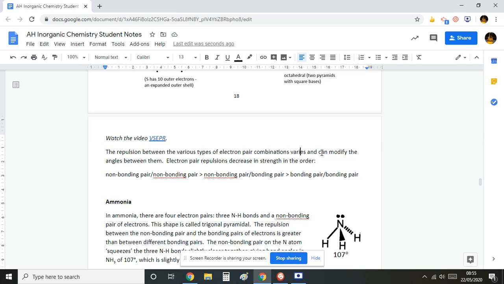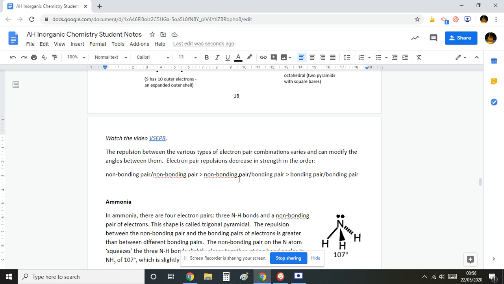However, when you get a mixture of non-bonding pairs of electrons and bonding pairs of electrons in the same molecule or ion, the angles can change. This is because the non-bonding pairs have a greater repulsion than bonding pairs. In fact, if you have a non-bonding pair adjacent to another non-bonding pair, you will get the greatest repulsion.